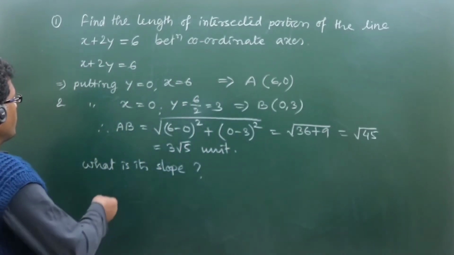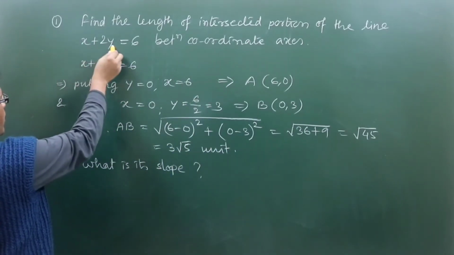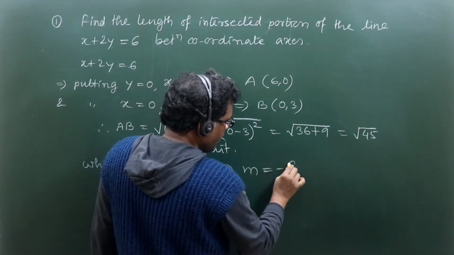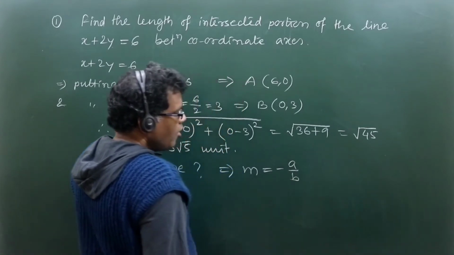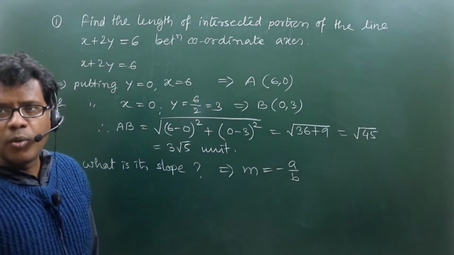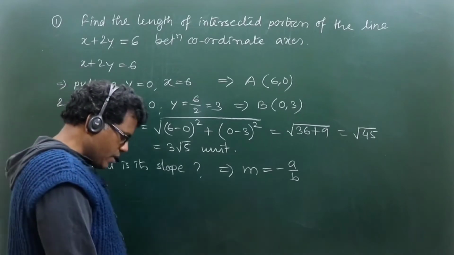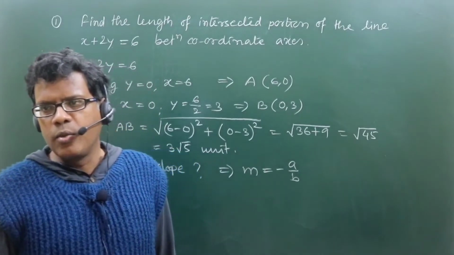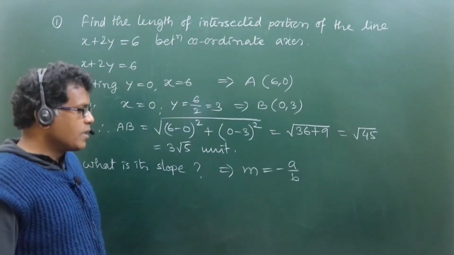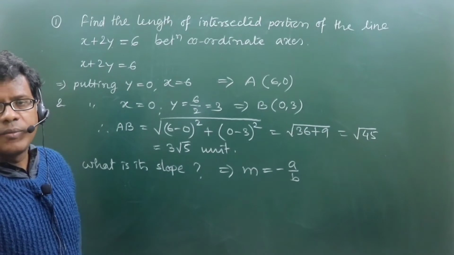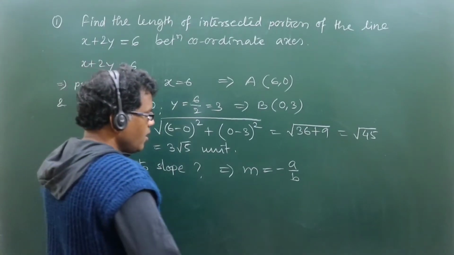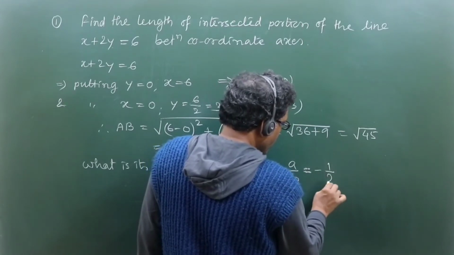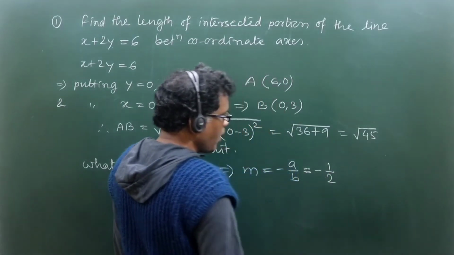No, it is not 1 by 2. I told you that slope is written minus of a by b when the line is in the form of ax plus by plus c equal to 0. So slope is minus of a by b, isn't it? So x coefficient is 1, y coefficient is 2, so slope will be minus 1 by 2.